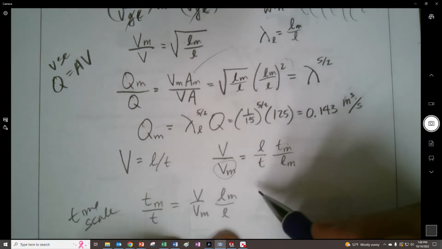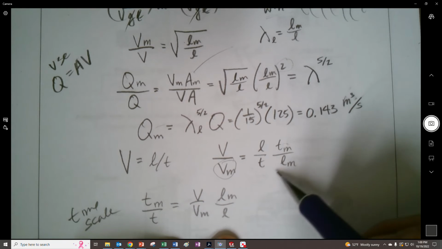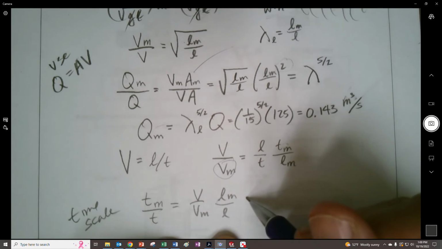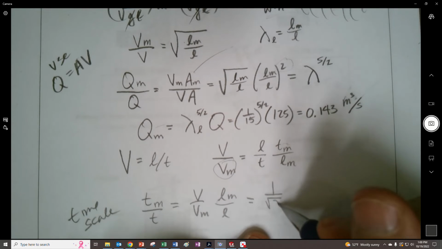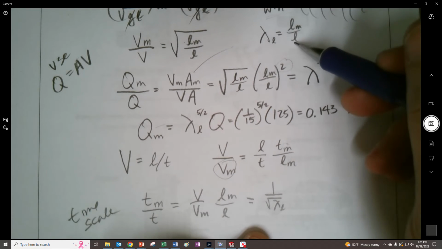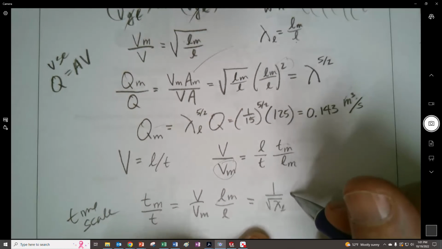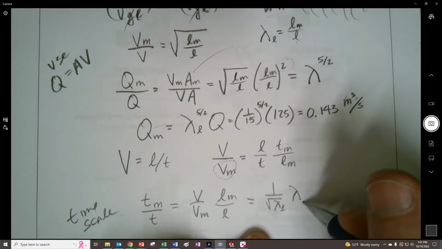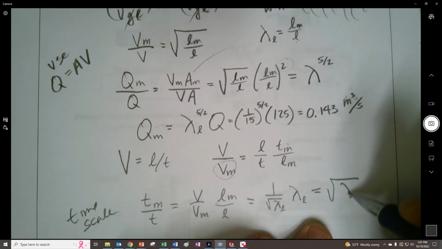I think so. Which we notice is going to be 1 over the square root of our lambda L up above, times our lambda L, and that's going to be equal to the square root of the lambda L.